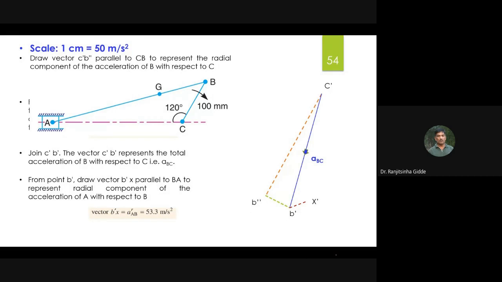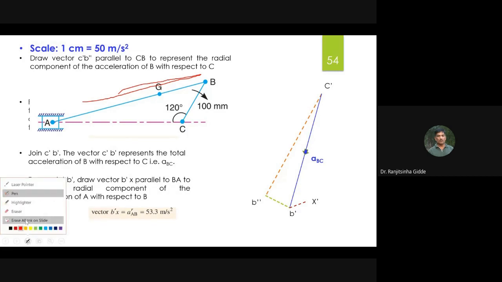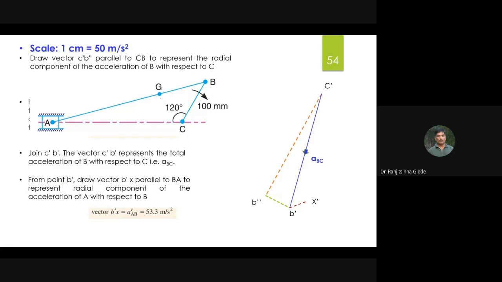So draw this vector. Okay, now Aditya, tell me the next step, what will the next step be? We have drawn one component which is parallel to the link. Another component which is perpendicular to the link, that is nothing but the tangential component, and we are going to draw it here, starting from this.